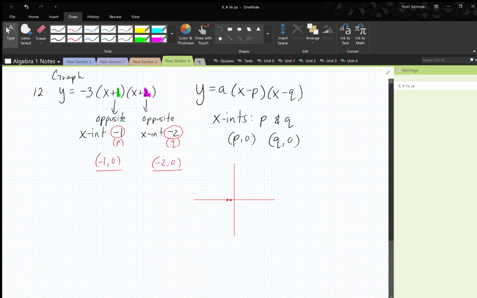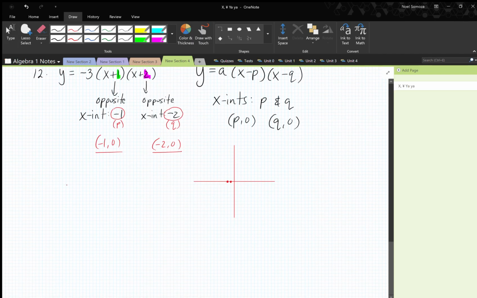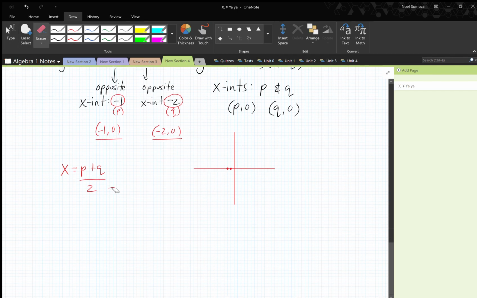We find the vertex by using this formula: x equals p plus q divided by 2. The reason this helps us is that the vertex is going to be somewhere right in between those two points. So we're going to add p, which is negative 1, plus q, which is negative 2, and then divide by 2.